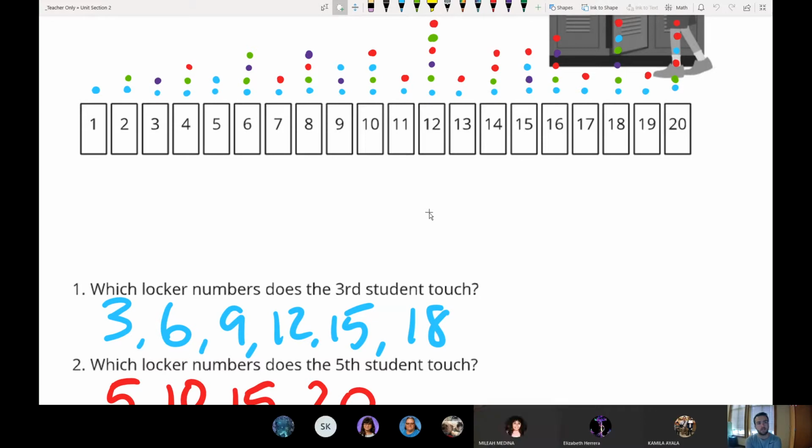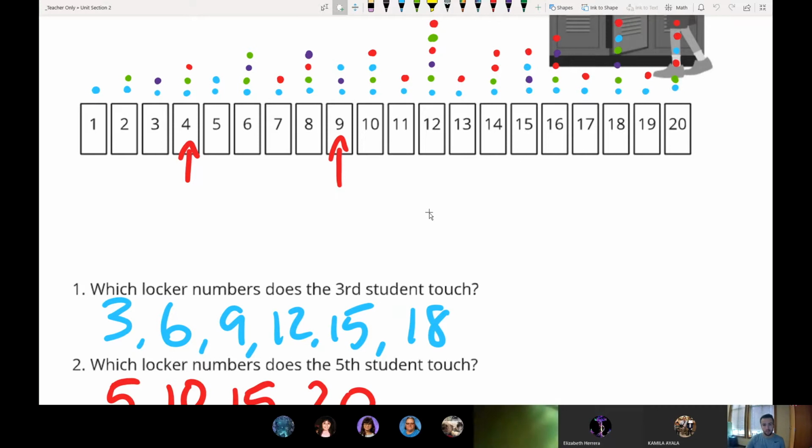Elizabeth, what do you think? What lockers are touched by 3 students? 4, 9.